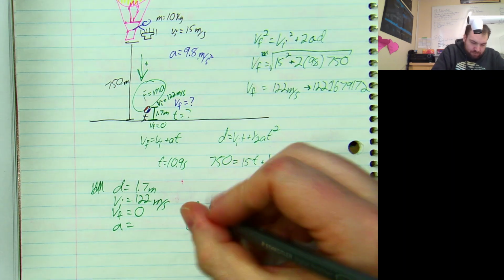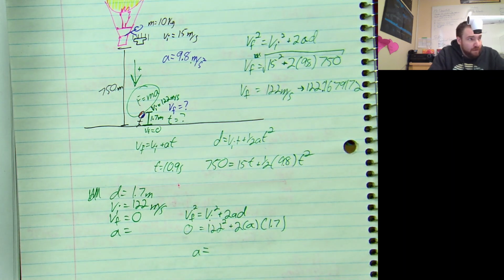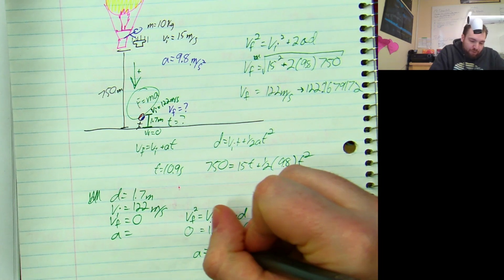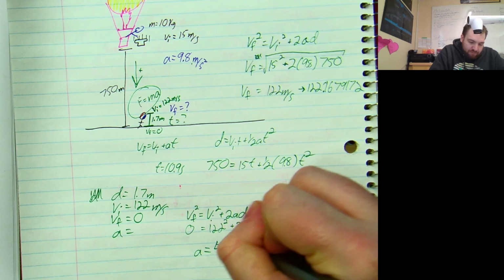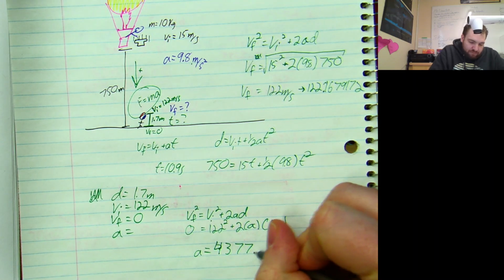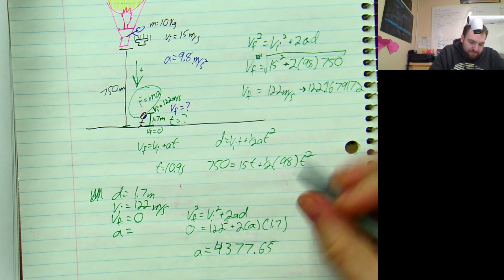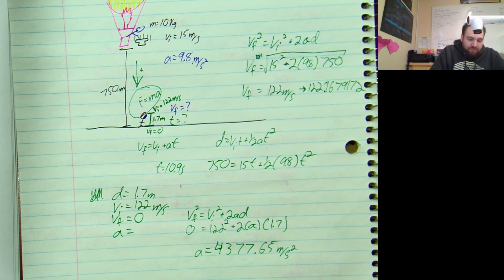What's A? Yeah, it's going to be big. You're squaring 122 and you're dividing it by 3.4. 4377.65 meters per second squared.